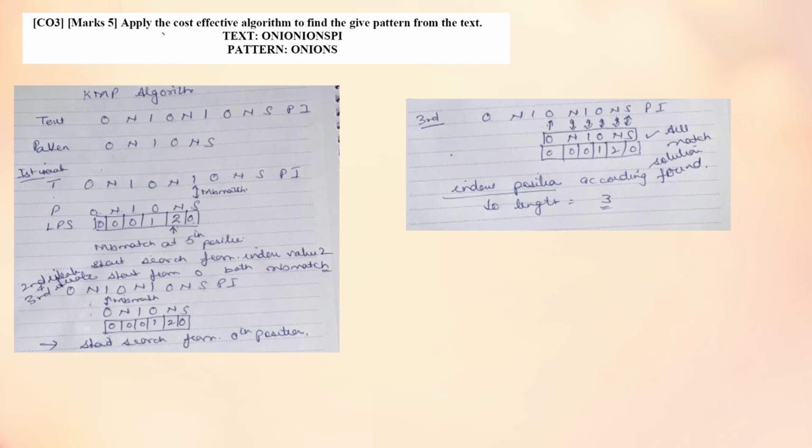Next, apply a cost-effective algorithm to find a pattern in text. I had told you in the earlier trick slide, whenever we say efficient or cost-effective, we use KMP, Knuth-Morris-Pratt.